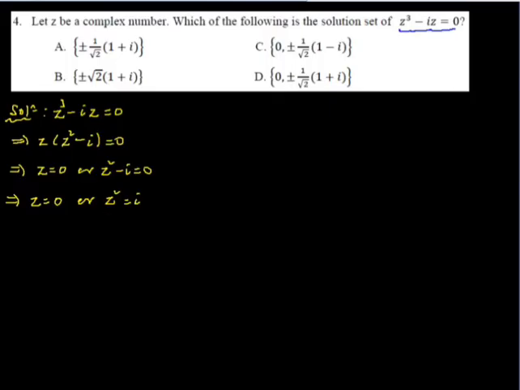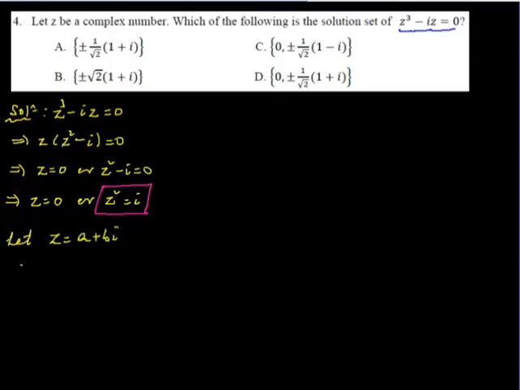But we need to write this z squared equals i. This will have another solution. So let us find the solution for z squared equals i. We know that z is a complex number. So let z be given by a certain complex number a plus bi.